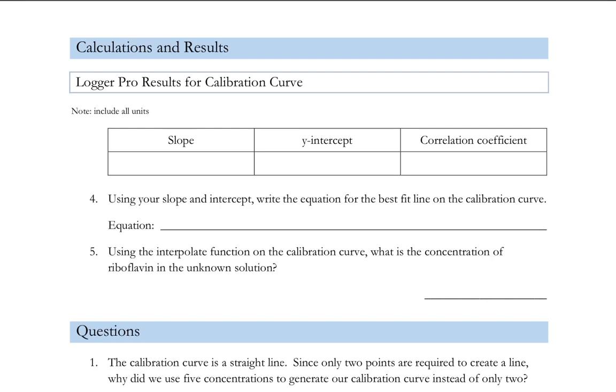So that means A equals slope C plus y-intercept using the data of the slope, the y-intercept. And then number 5 is using the interpolate function on the calibration graph. What is the concentration of riboflavin in the unknown solution? Change that to using your equation from step 4, what is the concentration of riboflavin in the unknown solution?